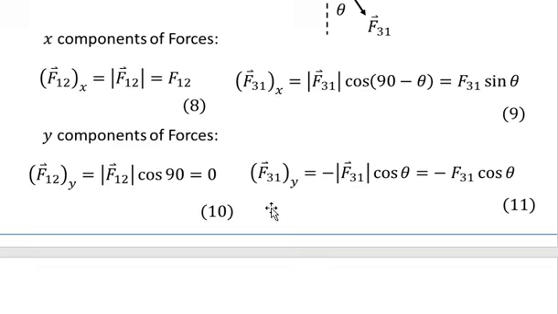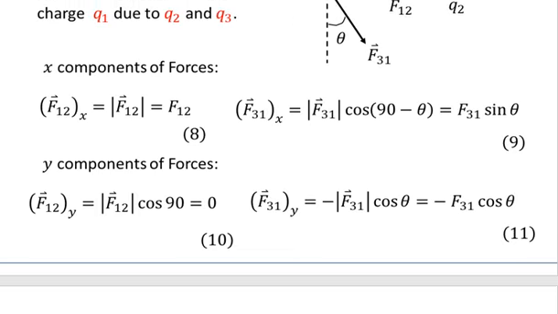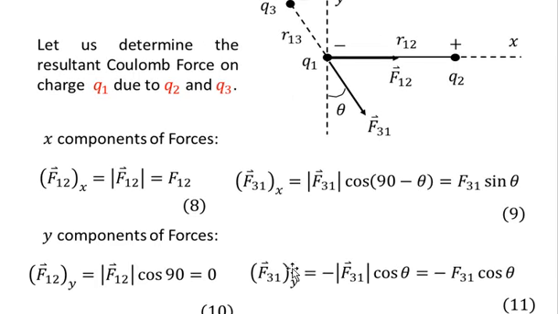Similarly, now let's calculate the y component of the force F31. The y component of F31 is equal to minus the magnitude of the force F31 times cos of theta. I have put this negative sign because I am calculating the projection of F31 onto the minus y-axis, and then I multiply that component with a negative sign.